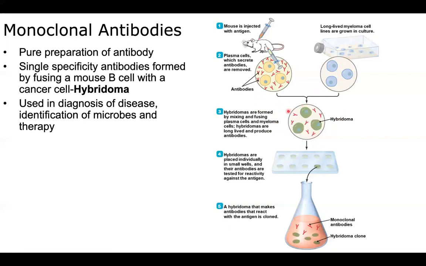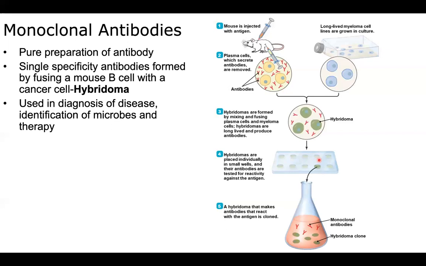And they can do this by adding different chemicals. They can use an electrical current. They just get these plasma cells and the cancer cells to fuse. And then they produce these long-lived antibody-producing cancer cells, which sounds so science fiction, but it's so science nonfiction. It really works.